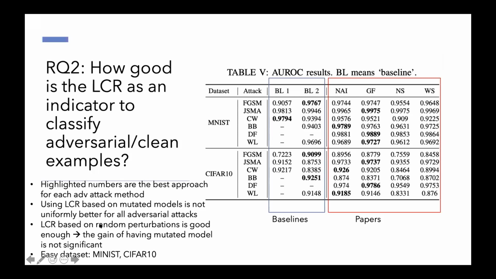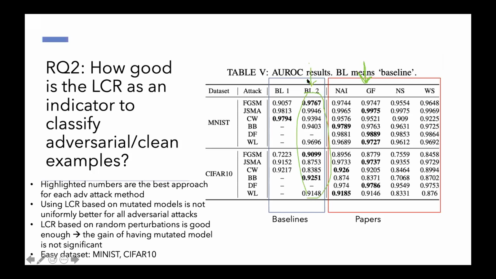And the label change rate based on random perturbation, which is baseline 2 here, is actually good enough. Baseline 2 is their previous work, and these 4 columns are the 4 kinds of model mutators they are using.